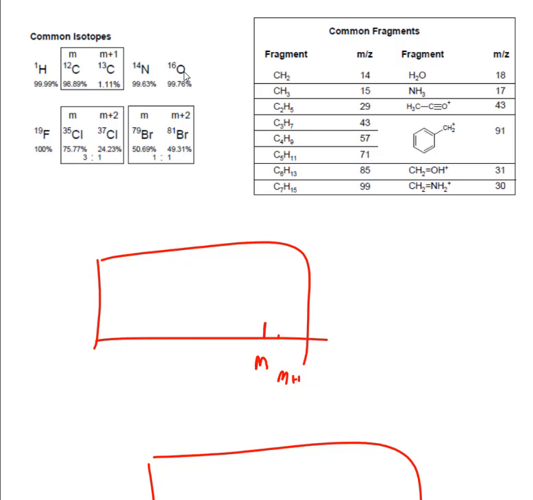If you have 16 plus 2 H's, that's still an even number. But with nitrogen, because it has 3 bonds to H's, as an example, it will always be an odd number if there's 1 nitrogen, because 14 plus 3 is an odd number, right? It's not an even number. Whereas carbon wants 4 bonds, so it'll always be an even number.